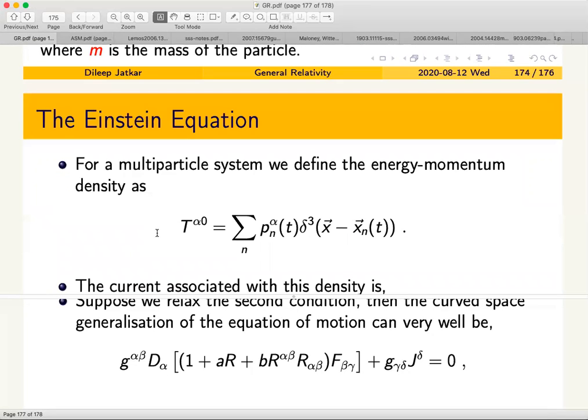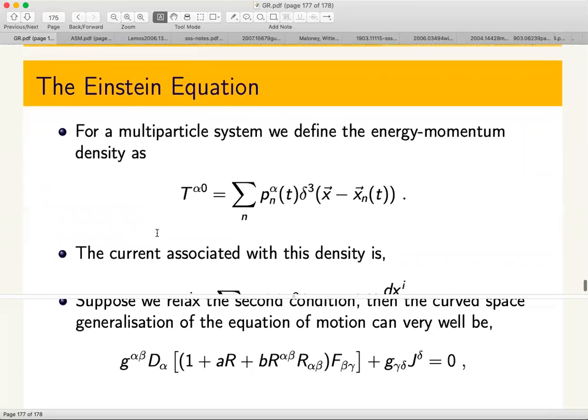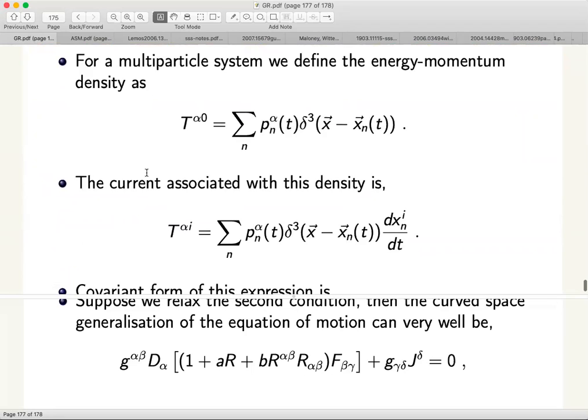If you do that, then you need to replace this rho on the right hand side of Newton's equation by a tensor called the energy momentum tensor, whose alpha 0 component is written out here, and its alpha i components are like this, where dx^i/dt is the velocity vector of the nth particle.